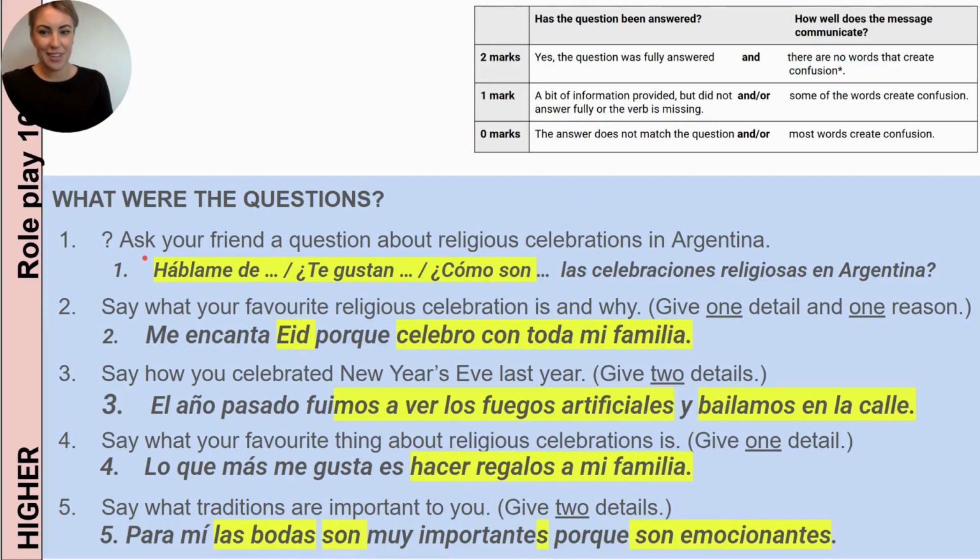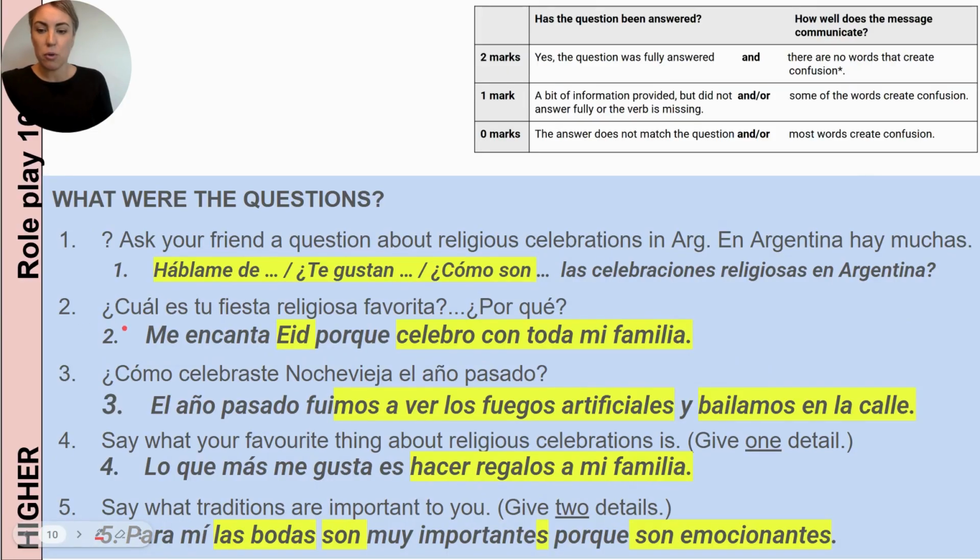Número uno. You asked me, hopefully, one of these 3 options, and I said, en Argentina hay muchas tradiciones diferentes. Second one, ¿cuál es tu fiesta religiosa favorita? ¿Por qué? What's your favorite religious festival and why? The third one, ¿cómo celebraste Nochevieja el año pasado?